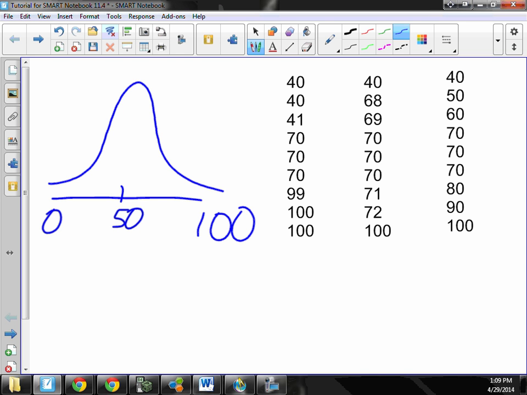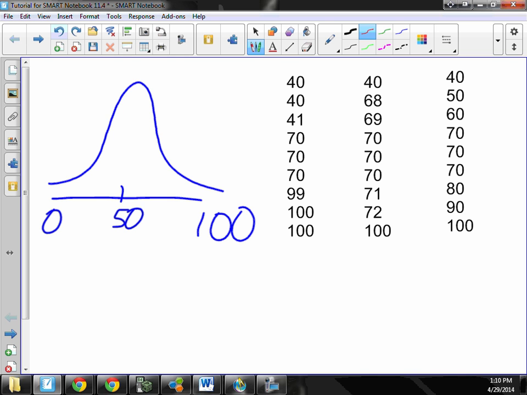The mean and the median are really close together, which means there's just as many numbers on the right and on the left, and most of them happen near the middle, as opposed to like an inverted bell curve, which would be like this. Lots of zeros, lots of 100s, very few 50s. So that particular bell curve would have a standard deviation.